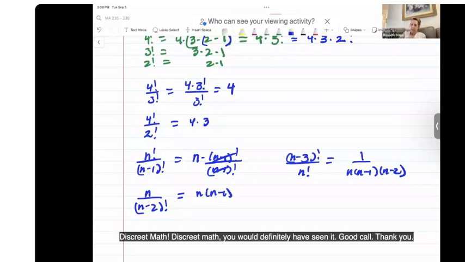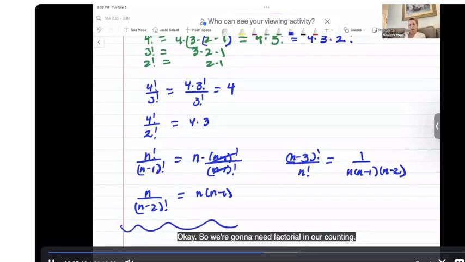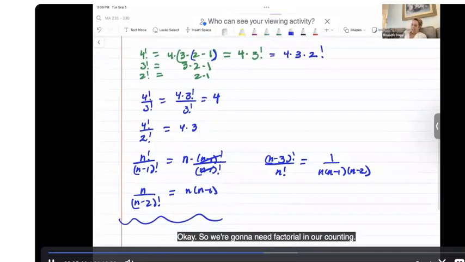Discrete math. Discrete math, you would definitely have seen it. Good call. Thank you. Has everybody had discrete math? That's not a prereq, is it? It's not a prereq. I think a lot of people, if you're a math major, CS definitely would have had discrete math. Okay.